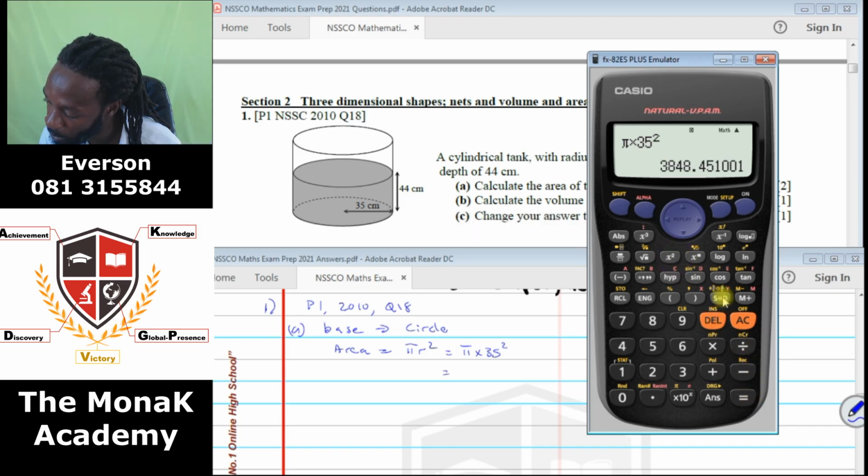Okay, always round off to 3 significant figures if you are not told the level of rounding off. 3 significant figures. Always.